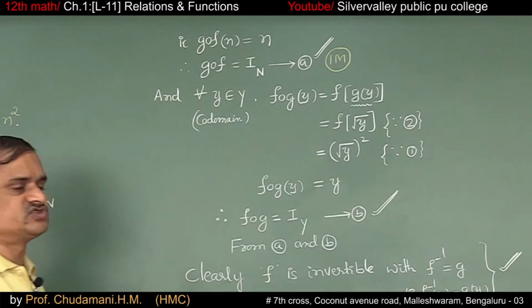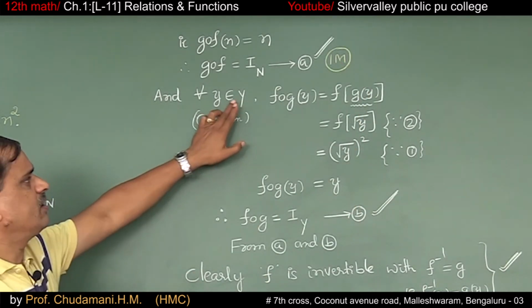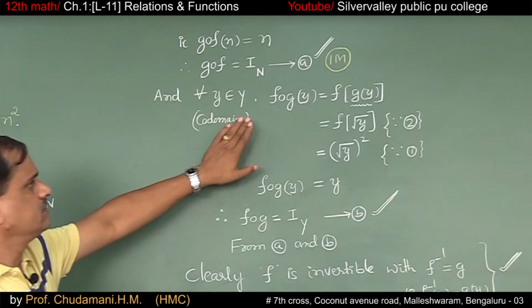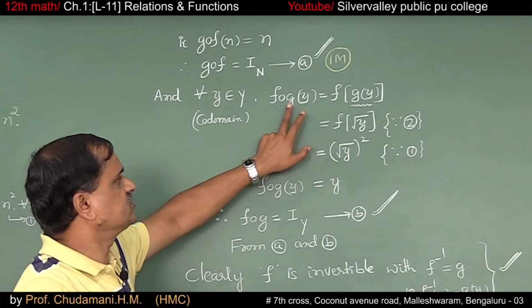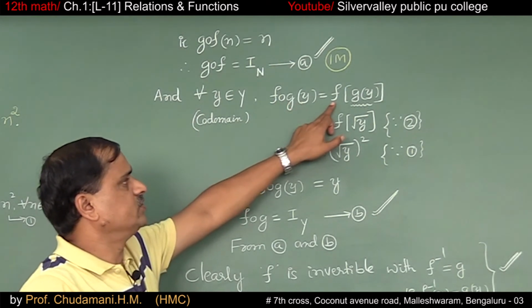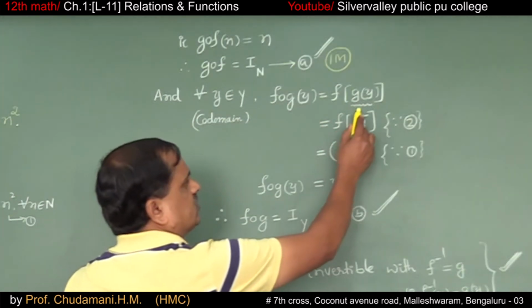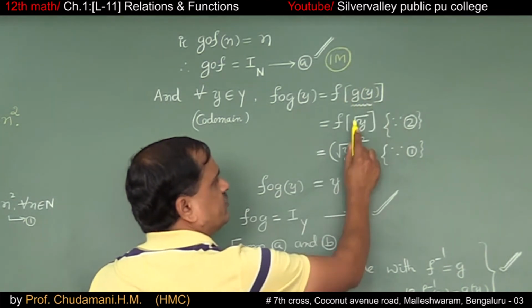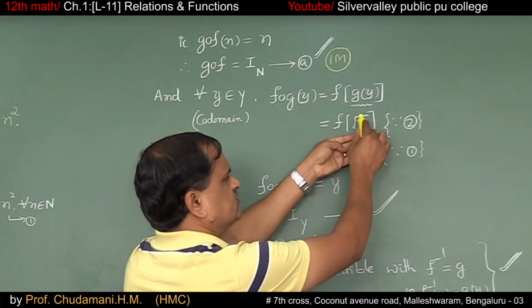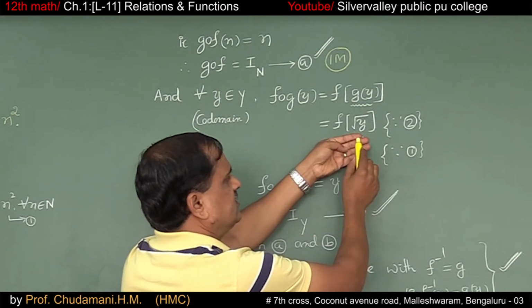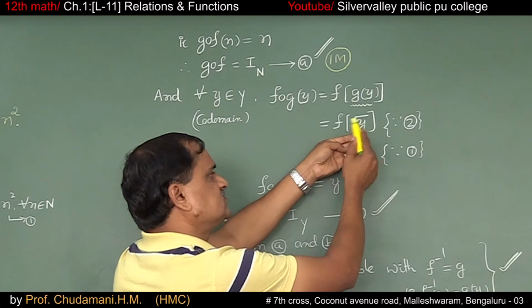Also, for all y belongs to capital Y, codomain, fog of y is equal to the composition of f and g, f of g of y. Look at equation 2. What is g of y? Root y. This is just like root f of x. Using equation 1, f of x is what? X square.